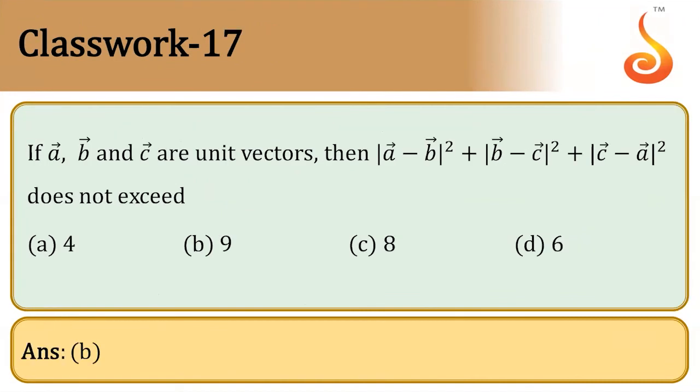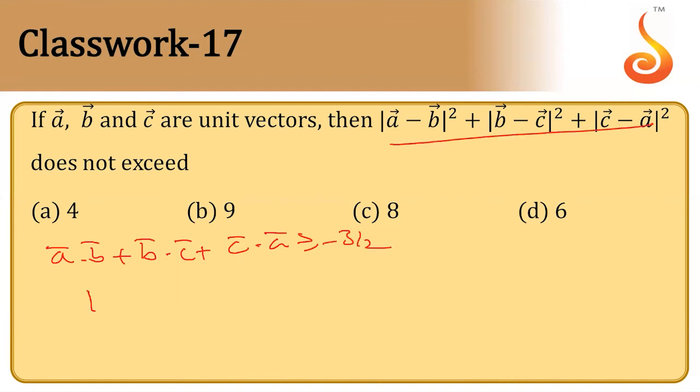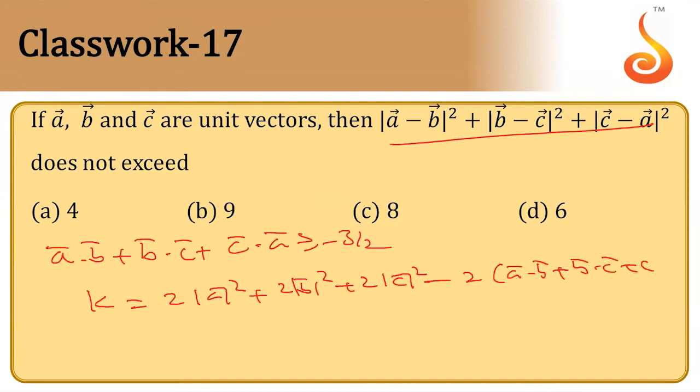Somebody is asking about the previous question. The basic thing you got now: a dot b plus b dot c plus c dot a is greater than or equal to minus 3 by 2. This entire thing you can assume as some k. So this will come as 2 modulus a square, after expanding, 2 modulus b square, 2 modulus c square, minus 2 times a dot b plus b dot c plus c dot a.